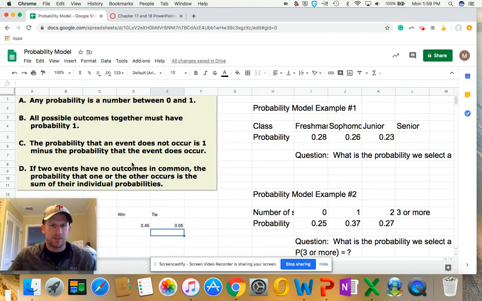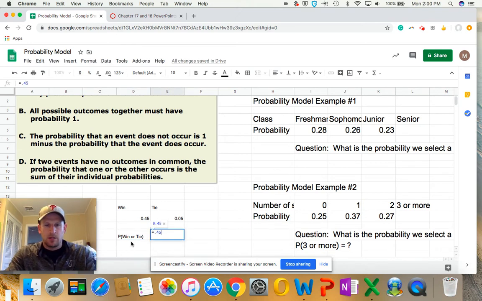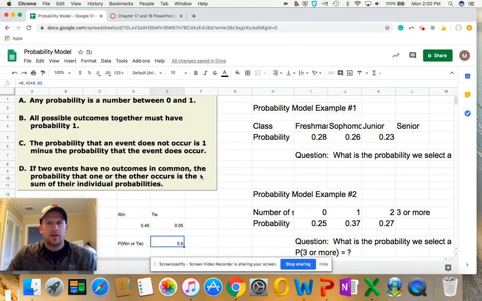We add those together and we often will symbolize that in probability with this expression here, where we see a capital P and then the event itself in parentheses. And we can show our work here, 0.45 plus 0.05 equals 0.5. So those are the four rules we're going to look at in these two examples.